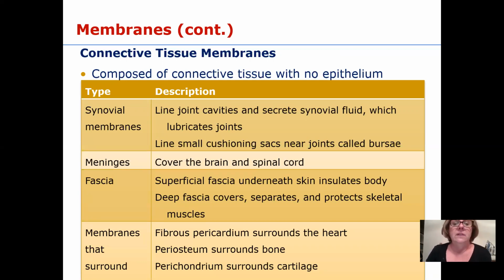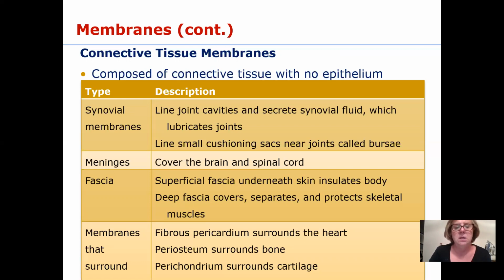The fascia, there are two different types. There's either the superficial or the deep. The superficial fascia is right underneath the skin, and it's connecting to the adipose tissue, so it serves to insulate the body. The deep fascia covers and is separating and protects your skeletal muscles. The fibrous pericardium surrounds the heart.